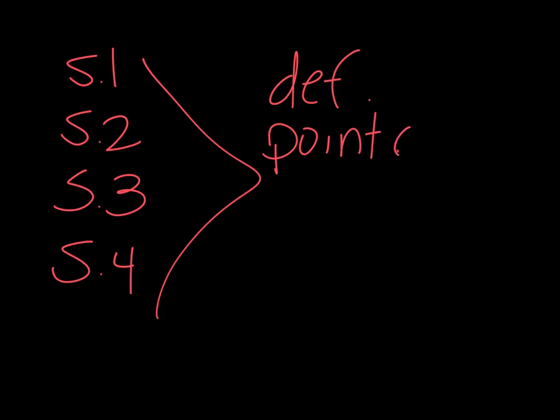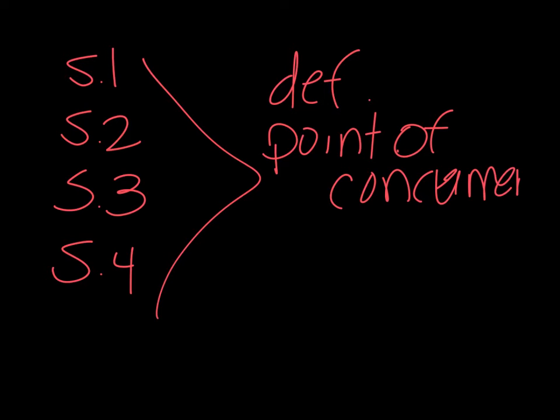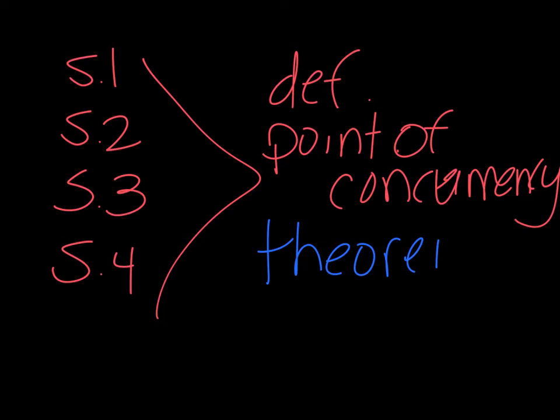Everyone has one except for the mid-segments, like the first section. And then the theorem that applies to the point of concurrency, which everyone except for mid-segments and altitudes has. So there's a theorem for angle bisectors, perpendicular bisectors, and for medians.